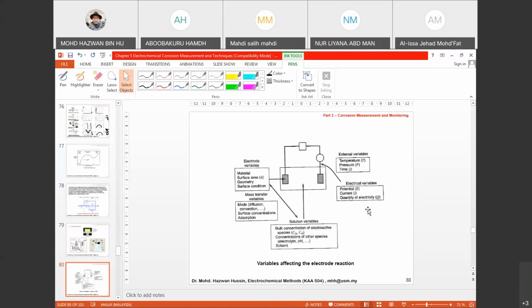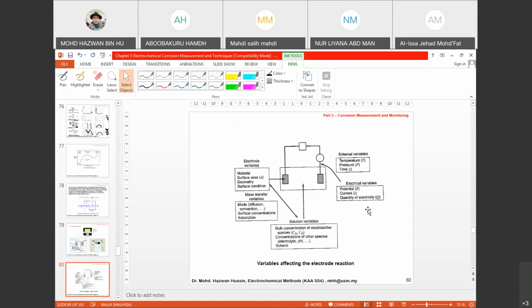The effects that affect the electrochemical impedance measurement are as follows. This is just a revision from chapters 1, 3 and 4.